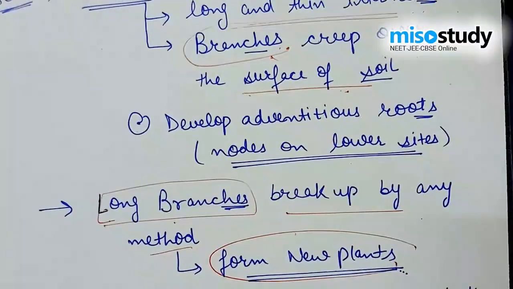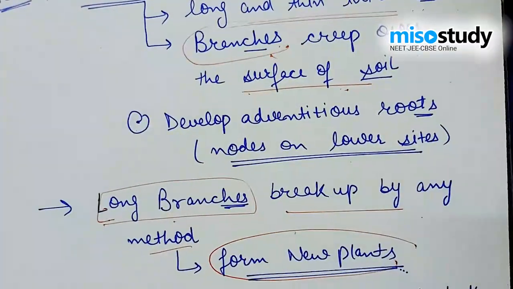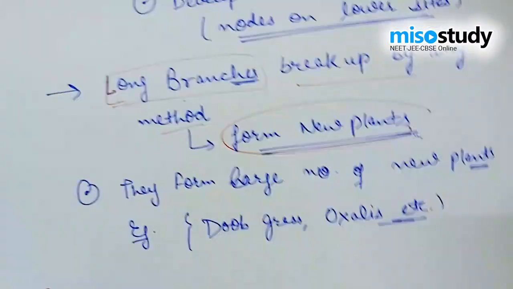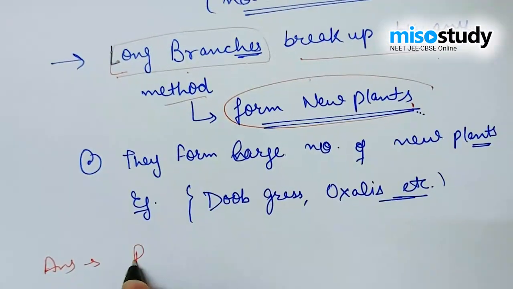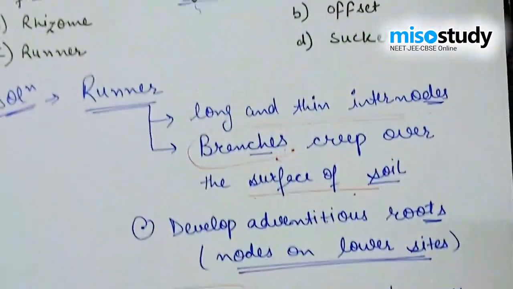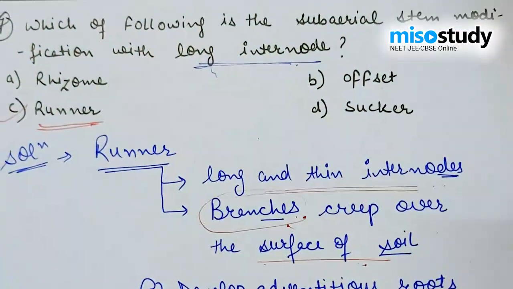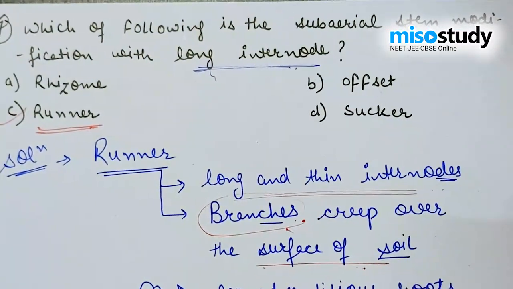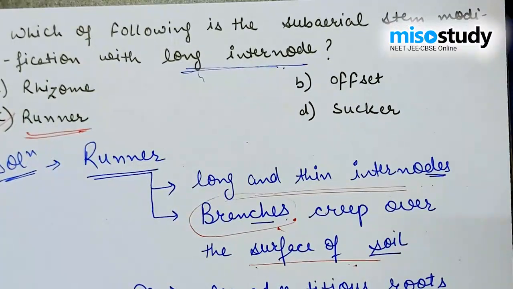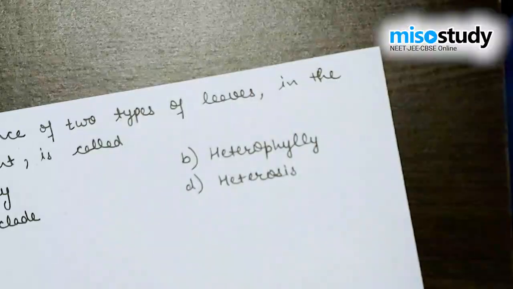Examples are doob grass and oxalis. So according to the discussion, the answer is runner, option C, in which the stem is modified with long internodes. Let's discuss the next question.